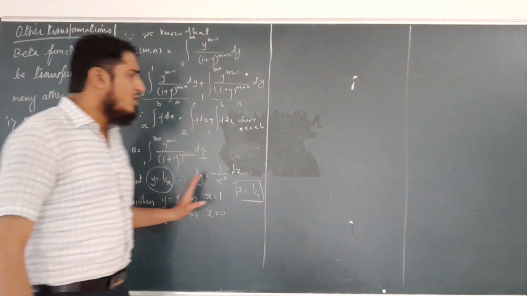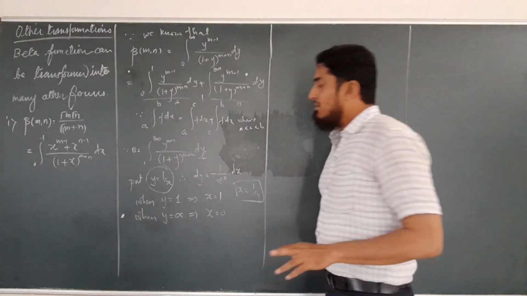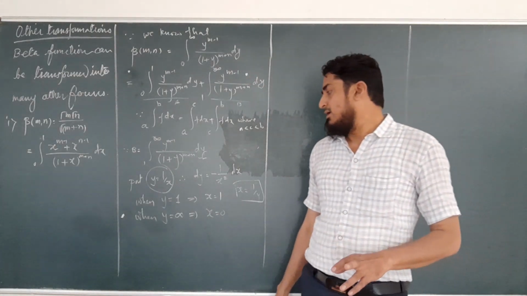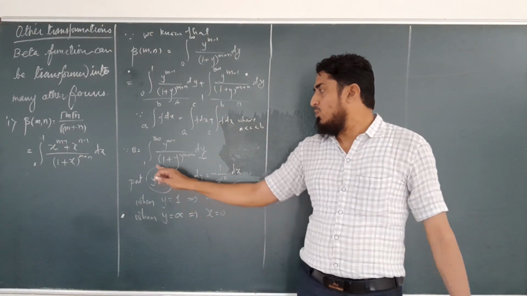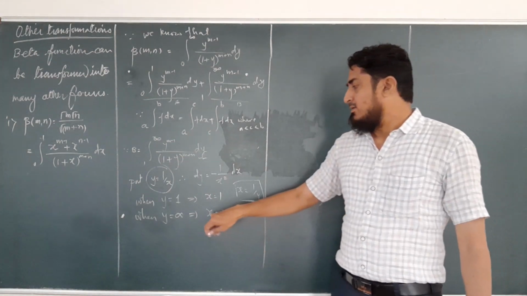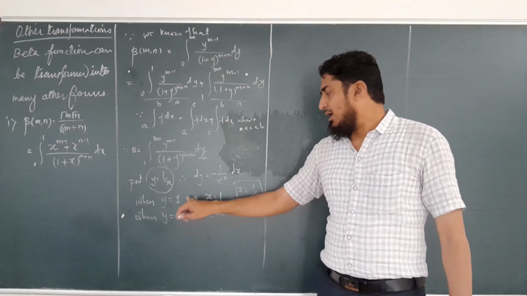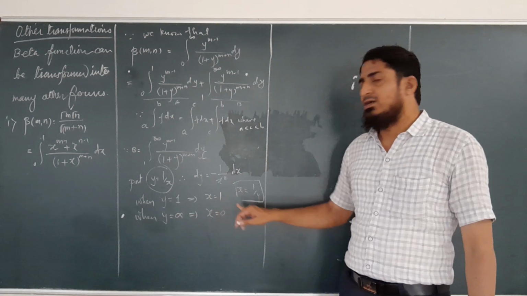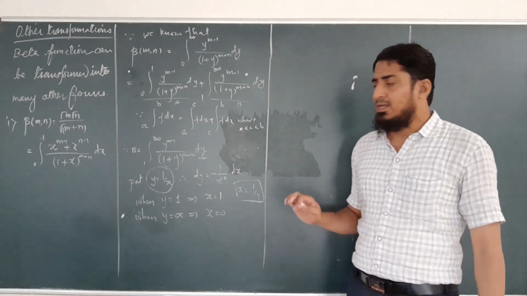So the limit of y is 1 to infinity and respectively x is running from 1 to 0. Correct?